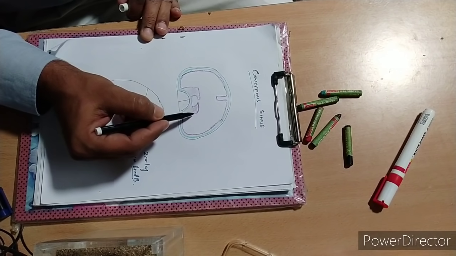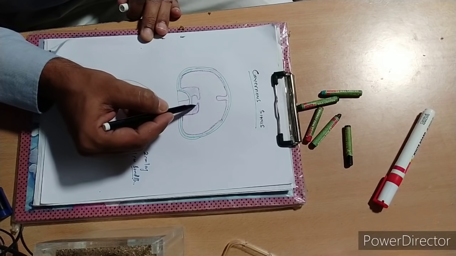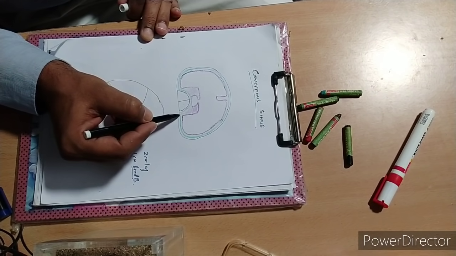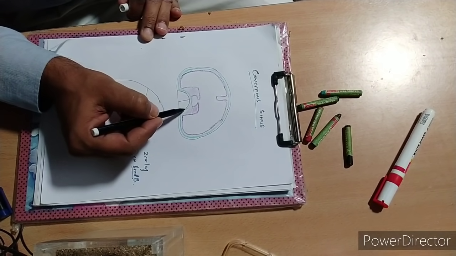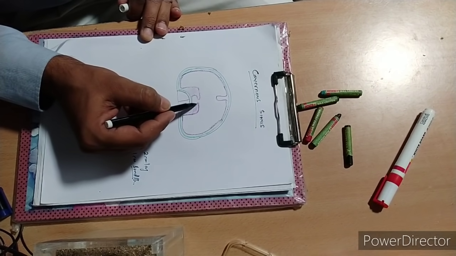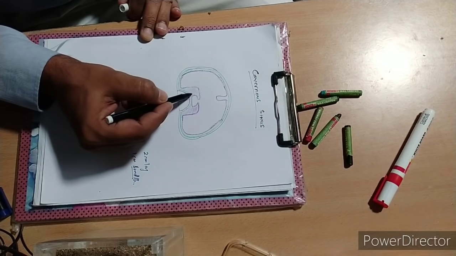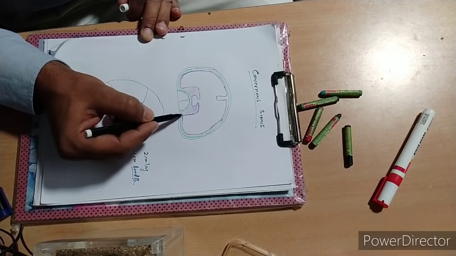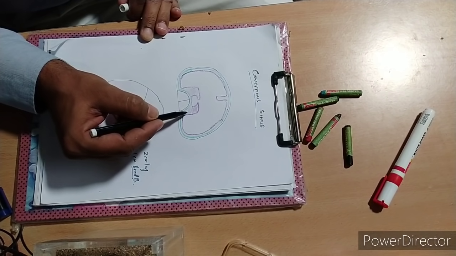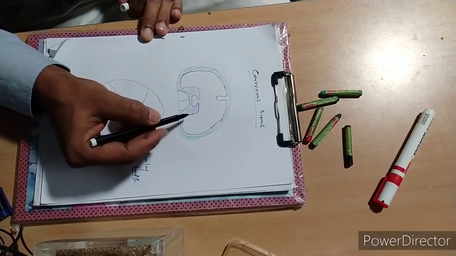So it forms the roof and the lateral wall of the sinus, which is formed by the meningeal layer. The floor and part of the medial wall are formed by the endosteal layer, and part is formed by the meningeal layer, because it winds around the pituitary gland. So this is how the sinus is formed by separation of the two layers, the endosteal and the meningeal layer.